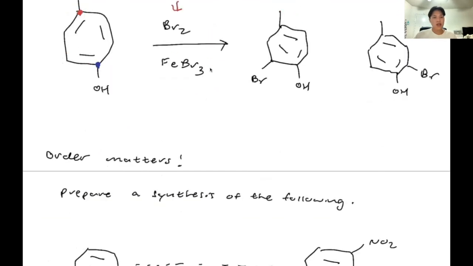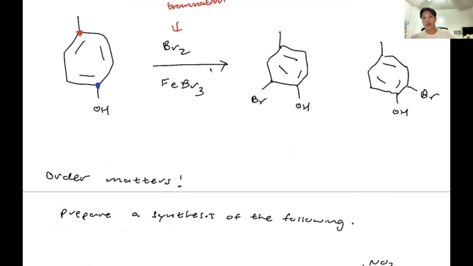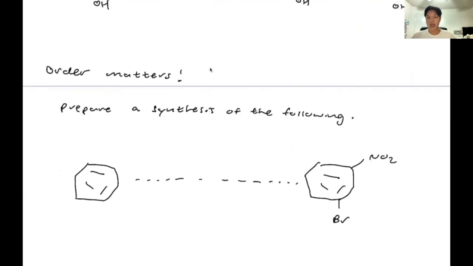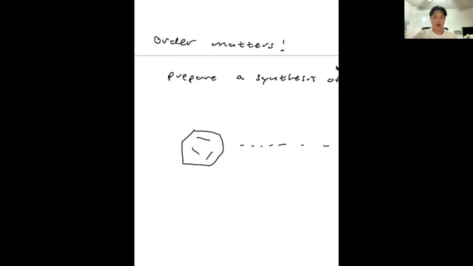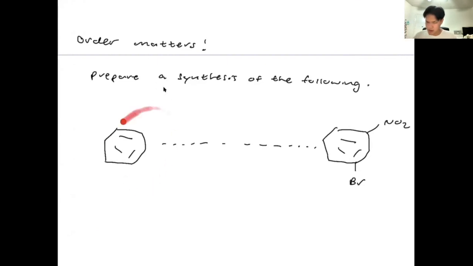And then just a couple things to note. There is going to be a synthesis question, and I believe that this is very important to know when you're doing this chapter. So it's a synthesis. I just wanted to tell you that order matters, because the order that you add on these groups will matter.